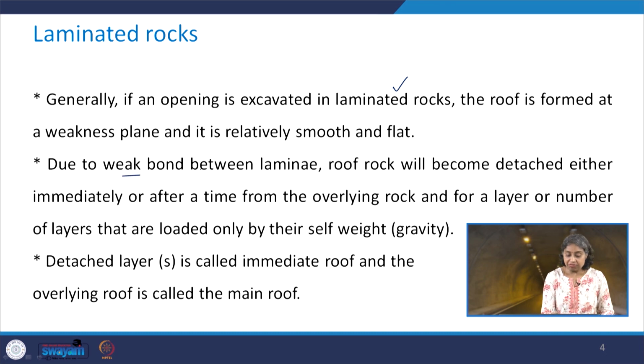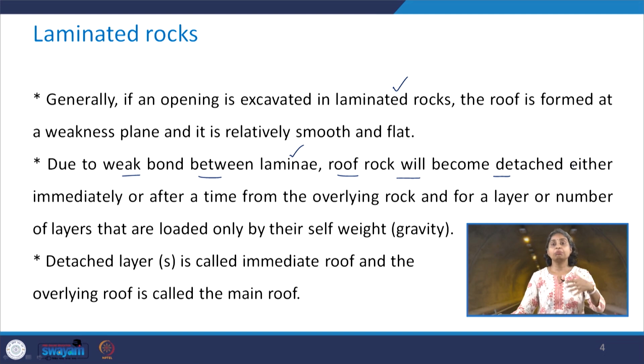So due to the weak bonding between the laminae, the roof rock will become detached either immediately or after some time from the overlying rock, and for a layer or number of layers which are loaded only by the self weight or gravity.